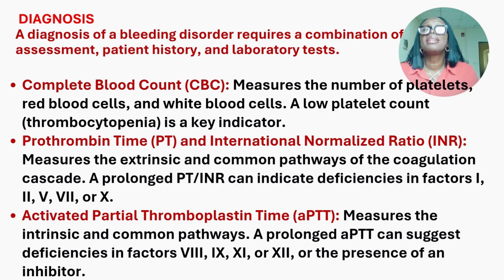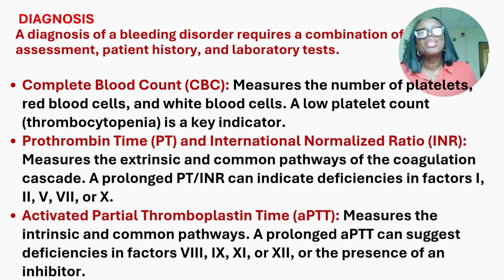Another test is the prothrombin time. A prolonged PT and international normalized ratio can indicate deficiencies in factor 1, factor 2, factor 5, factor 7, and factor 10. And we have the activated partial thromboplastin time test.